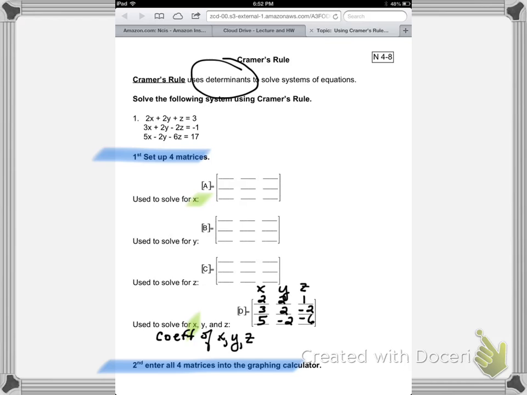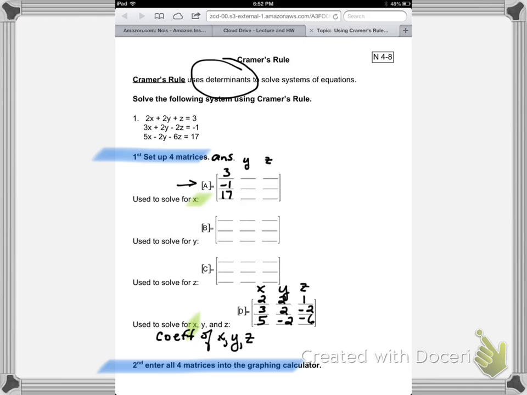Now we're going to go up and look at what we're going to use when we solve for X. So we have to set up this matrix we're going to put in A right here. Now, what the difference is, the Y and the Z columns are going to stay the same as they were in the matrix we filled out. But you're going to take your answers from your equations and put them in column X. So the answers, if you notice in problem number 1, are 3, negative 1, and 17.